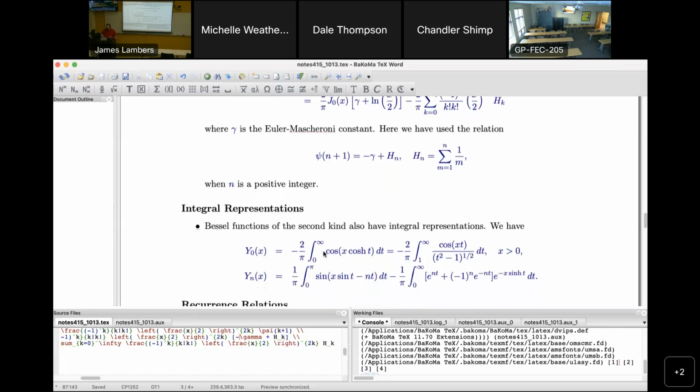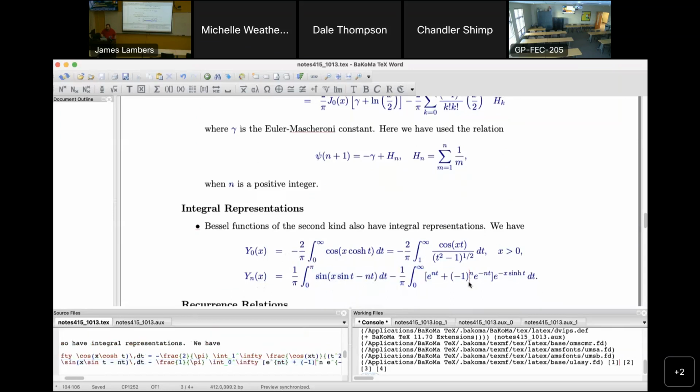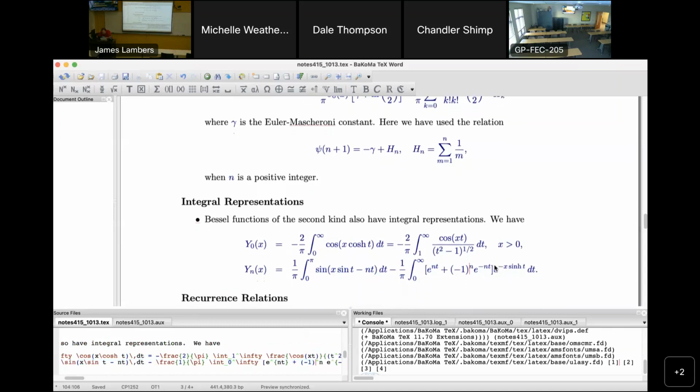We have two different forms of y0 with different limits, and then we have this combination of integrals for yn. That's a function of the first kind, and an expression similar to this, like cosine here instead of the sine.